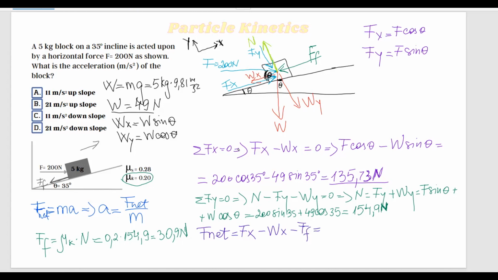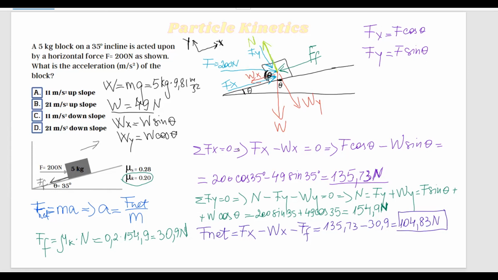We have done this before, Fx minus Wx is 135.73, so 135.73 minus the friction force, which is 30.9, and this is going to give you a value of 104.83 newtons. So this is your net force.